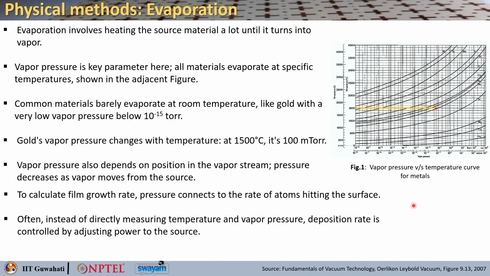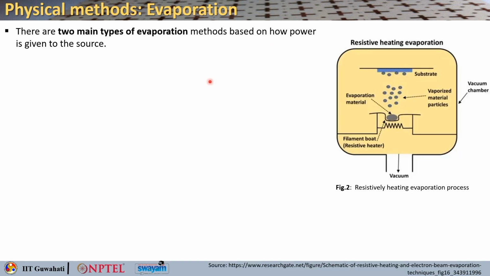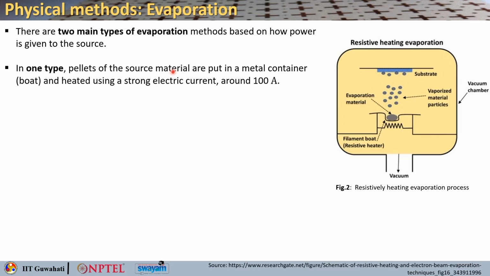Often, instead of directly measuring the temperature and the vapor pressure, the deposition rate is controlled by adjusting the power to the source. Here we will see one example of the resistive heating evaporation method. There are basically two types of evaporation methods based on how power is given to the source.